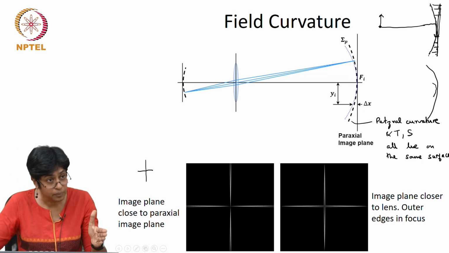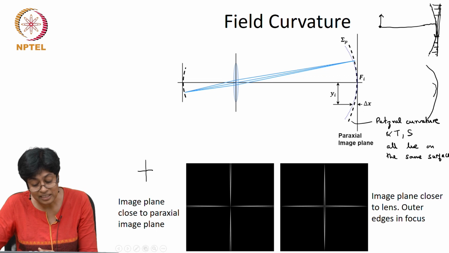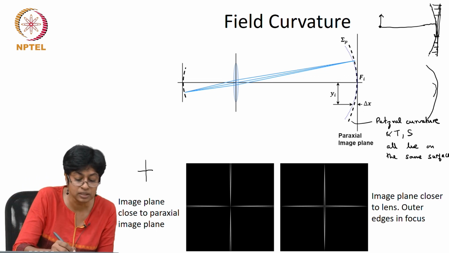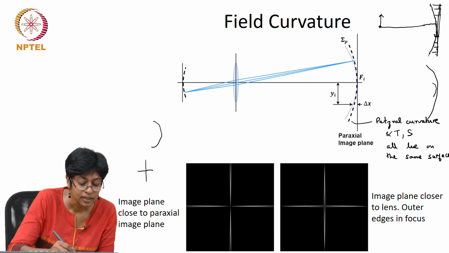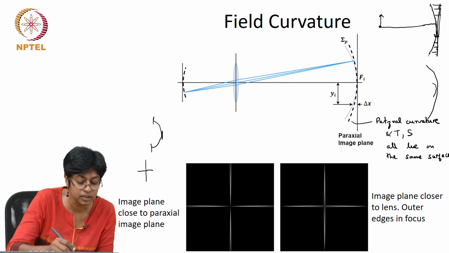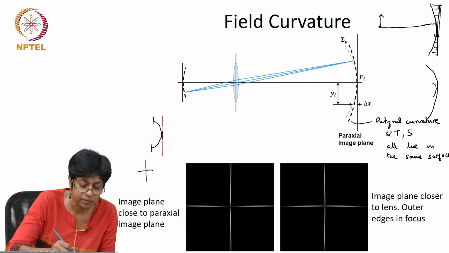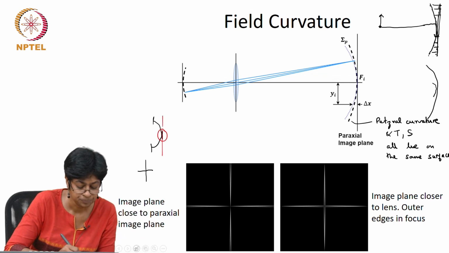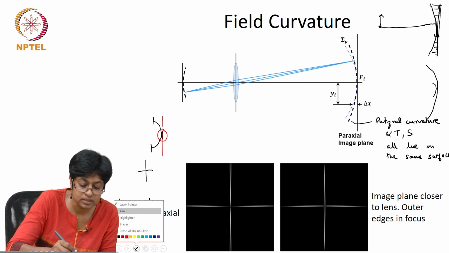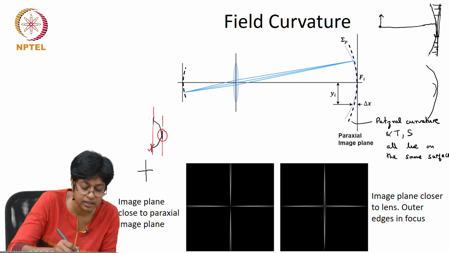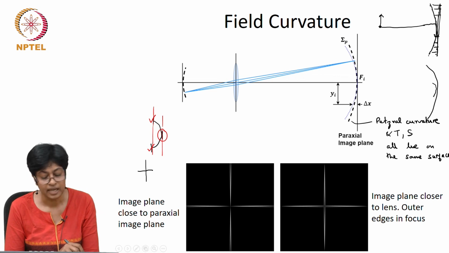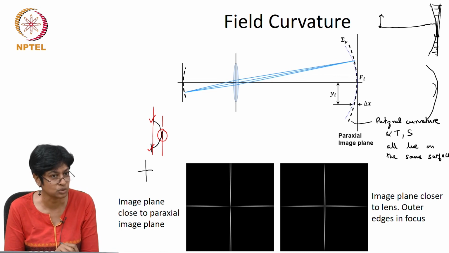And if you move away, then you find these rays are in focus. So you can imagine if your surface was like this and the paraxial rays are in focus here and the outer rays are in focus here. If I move my screen, when they're here, I will see these rays in focus. And when the screen is moved here, I'll see these rays in focus. And that's what you're seeing in these two images over here.